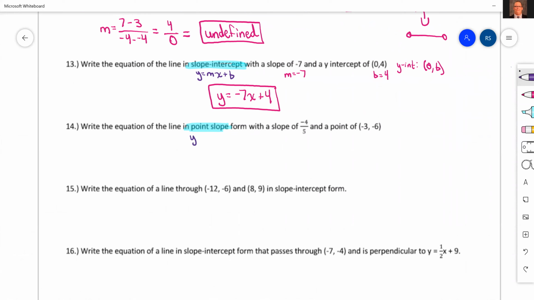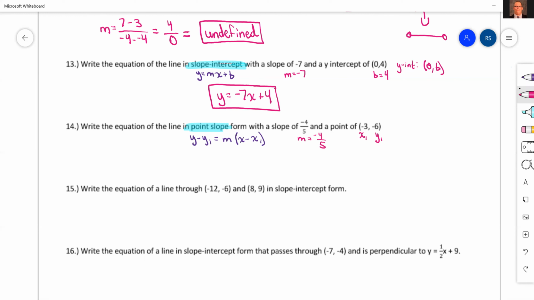That's where we say y minus y1 equals m, our slope, times x minus x1. They want a slope of -4/5, so m is -4/5. And they give us a point of -3, which is our x1, -6, which is our y1.